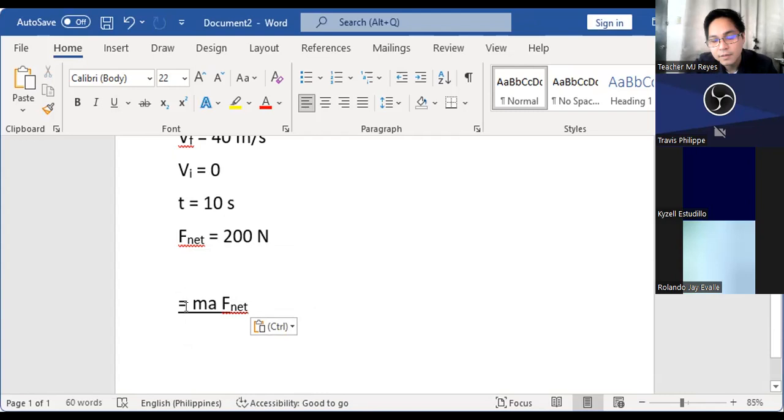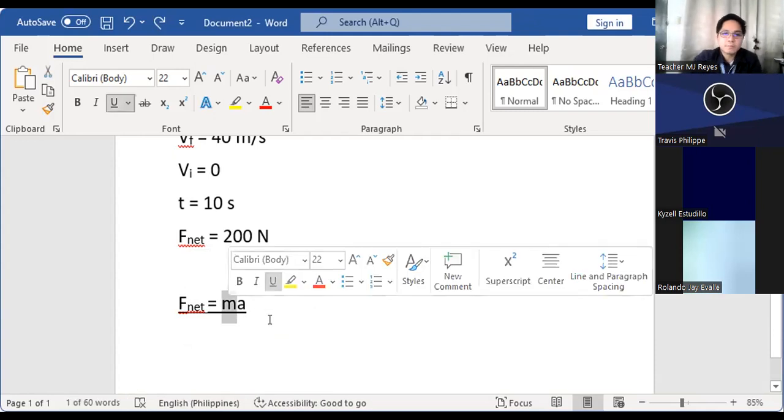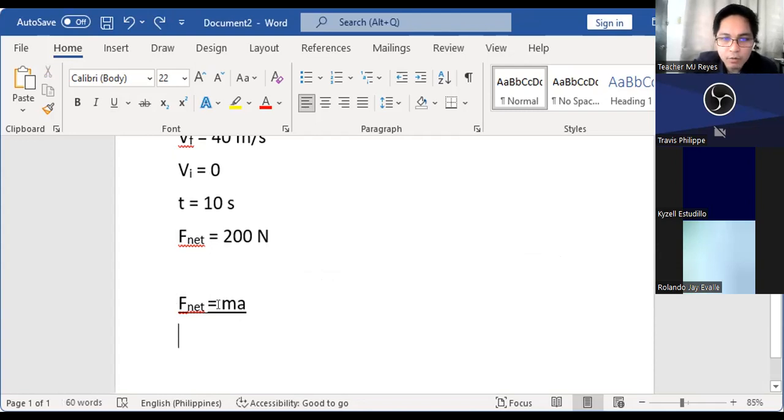Okay, we can actually use this one. If you want to isolate mass here, we can always divide. In this case, we will divide both quantities with acceleration.